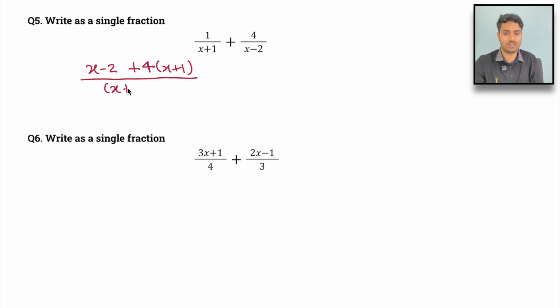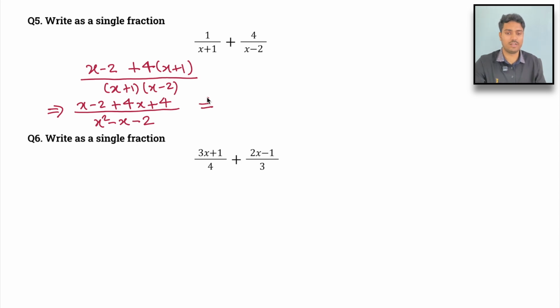So further we have x minus 2 plus 4x plus 4 divided by, you multiply x plus 1 into x minus 2, you will get x square minus x minus 2. Then x plus 4x is 5x, and minus 2 plus 4 is plus 2, divided by x square minus x minus 2. So this is the answer.